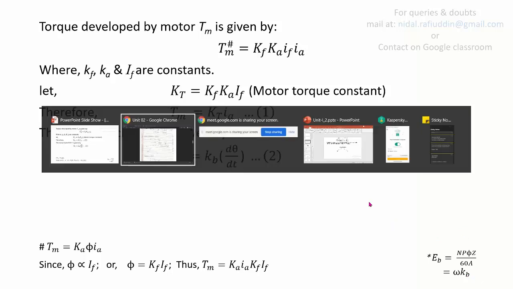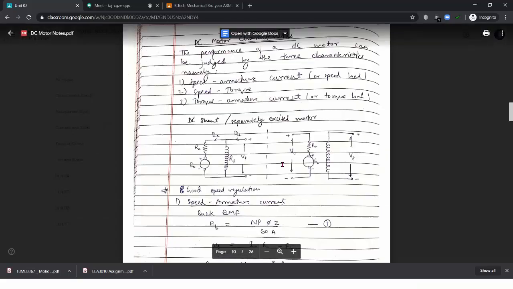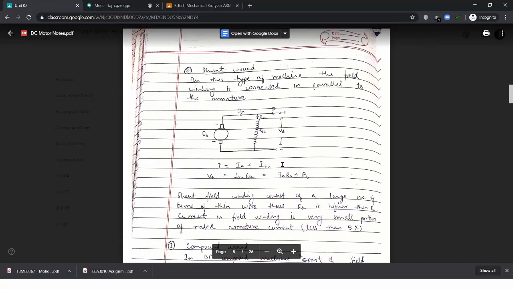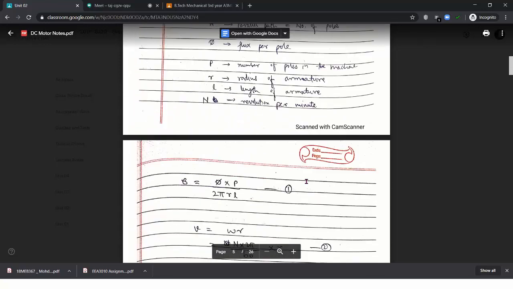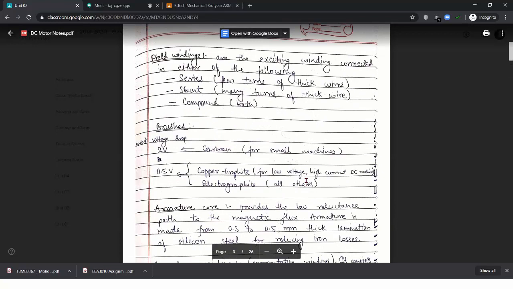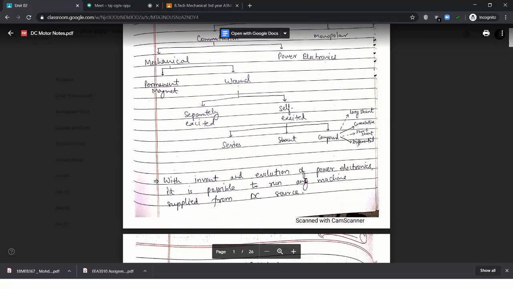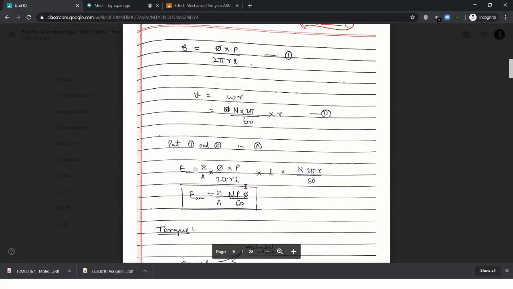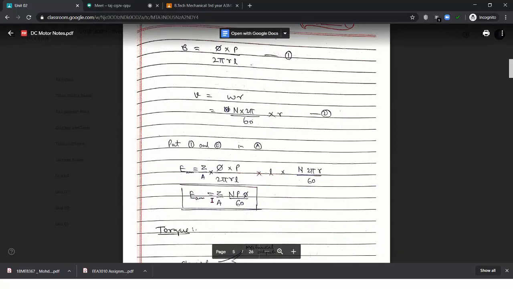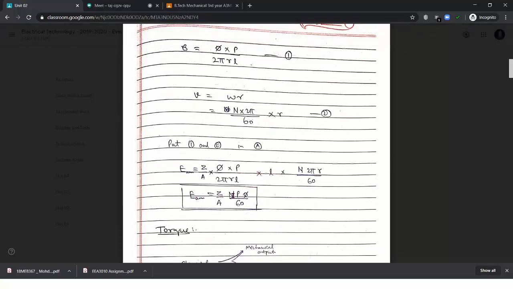If you again see the notes, you'll find that Eb was proved to be equal to Np phi Z over 60A. So here it is written. So you have back EMF which was equal to Z by A, and this is Np phi Z over 60A.